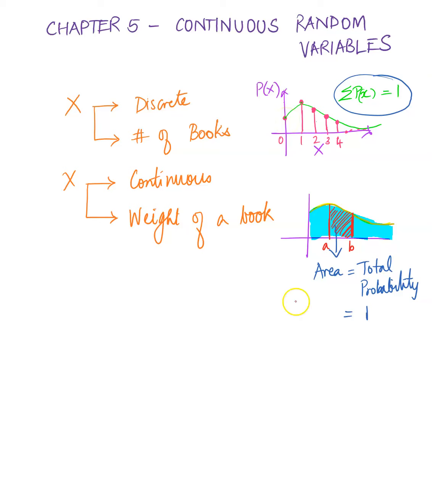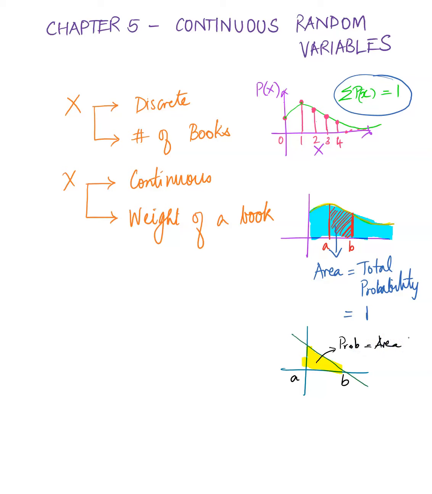So say my graph very specifically actually looks like this. And let's shade this region. Okay. And if I said, what's the probability from A to B? To find the probability between A and B, you can see that the probability here is the same as the area.